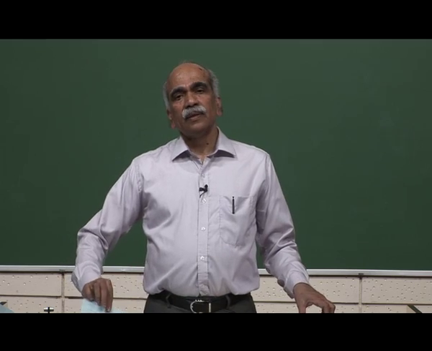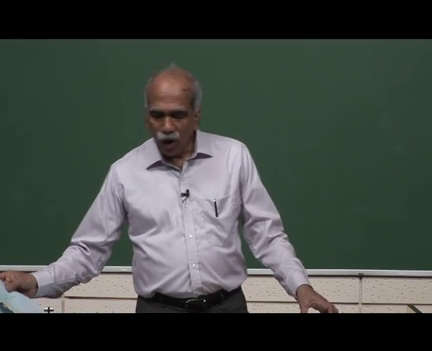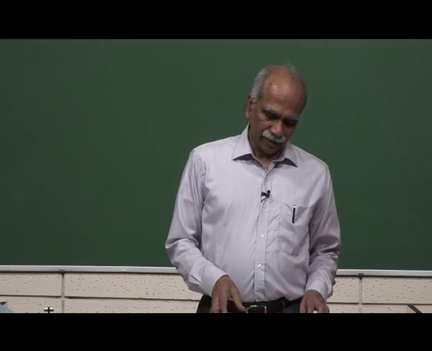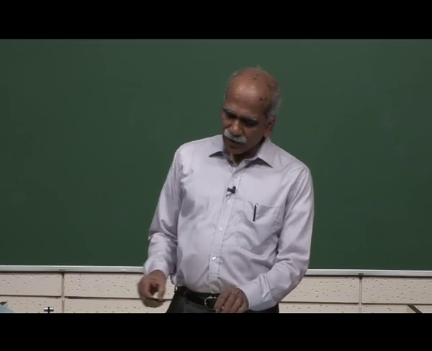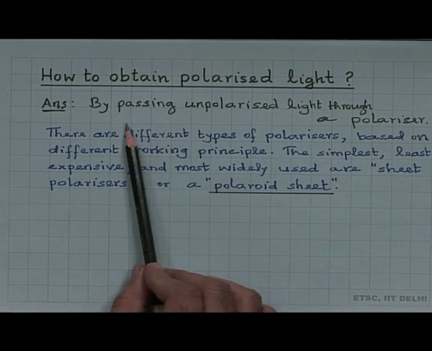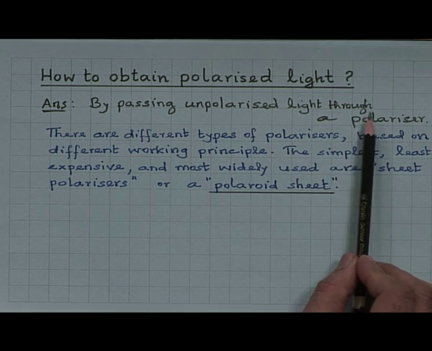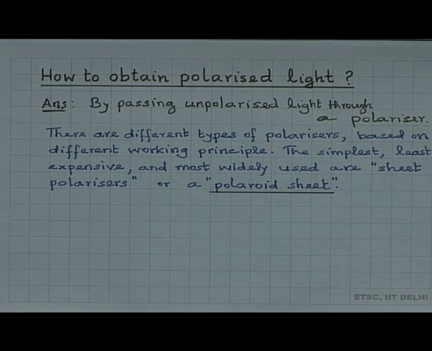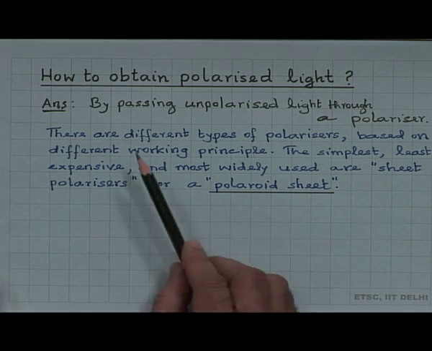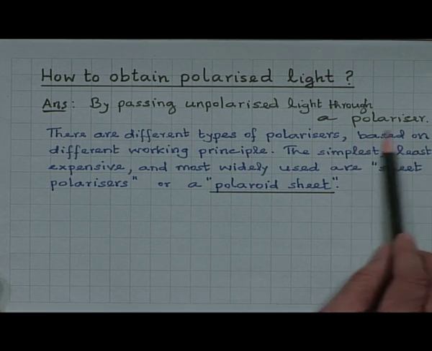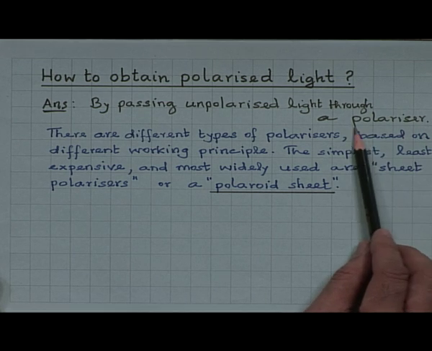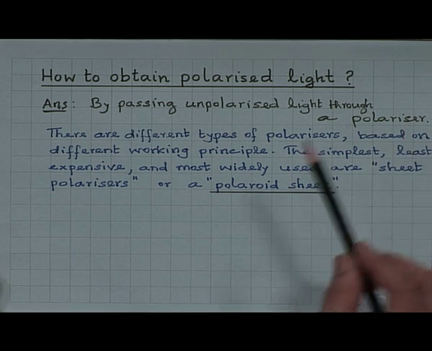Now, the next question would be how to obtain polarized light. The answer is straightforward: by passing unpolarized light through a polarizer. Now, there are different types of polarizer. A polarizer is a device or an instrument or a component which polarizes.